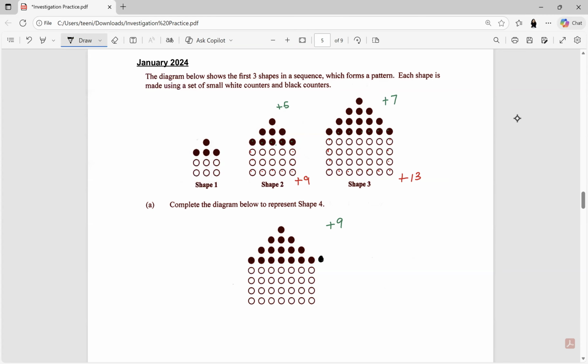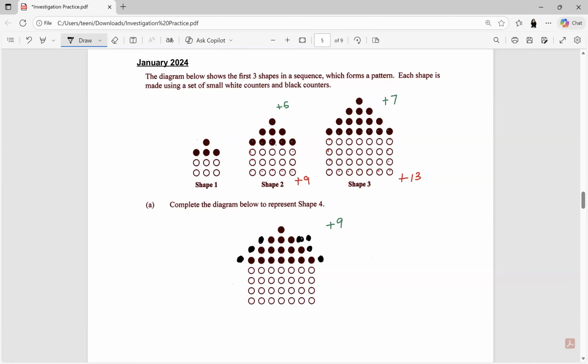Well, if we put one here, and one here, that's 2, 3, 4, 5, 6, 7.